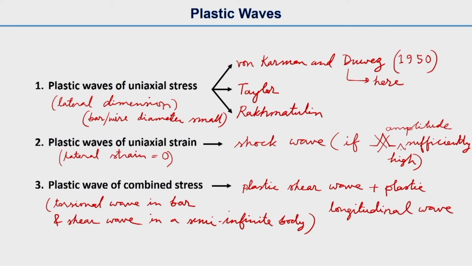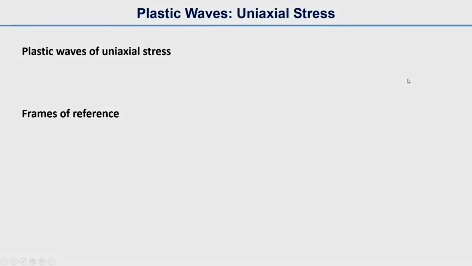Basically the shock wave is for the plastic wave if the amplitude is sufficiently high. So, plastic waves of uniaxial stress. What we will discuss here is von Karman and Duez theory.